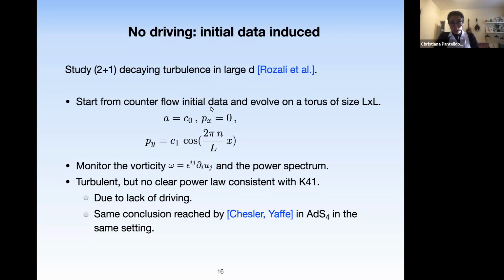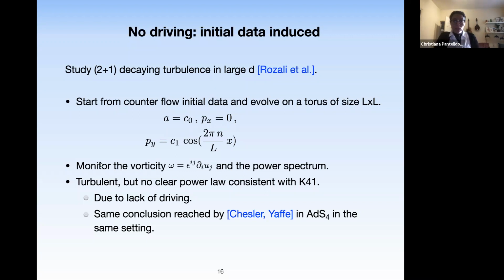With these initial conditions and the equations I showed on the previous slide, they went on to solve the system in a variety of ways, always imposing periodic boundary conditions in the coordinates x and y. So they solved the problem on the torus.